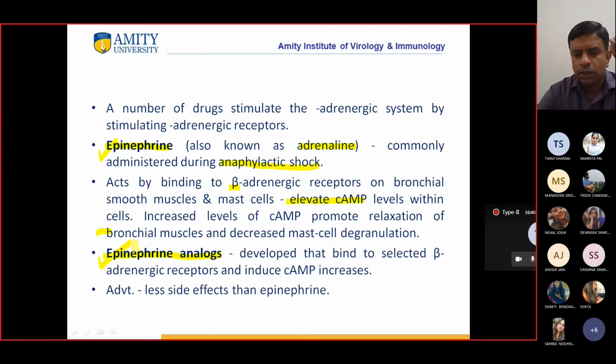The advantage of epinephrine analogs is they have fewer side effects than epinephrine, because epinephrine is a general thing. It will bind to all the receptors and block a lot of things. But these analogs are developed for particular targets, and therefore they have fewer side effects.